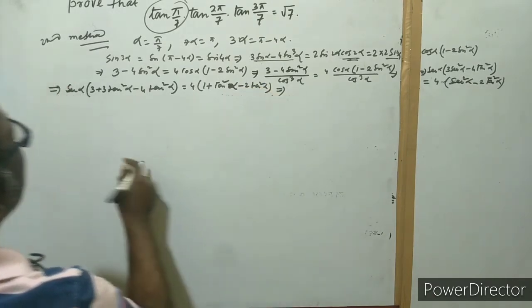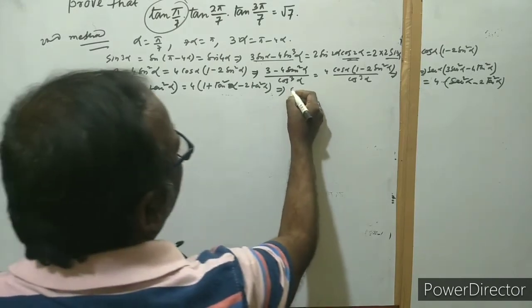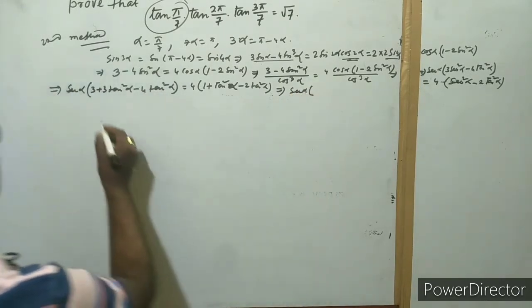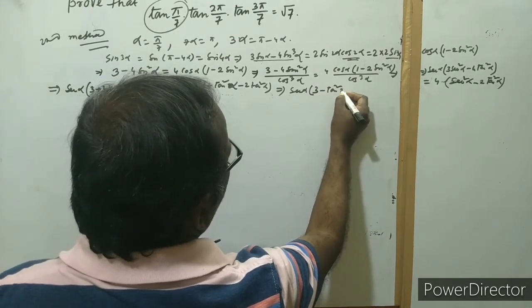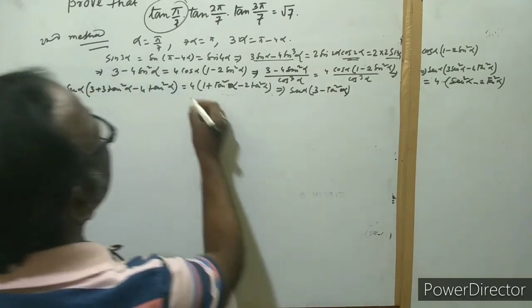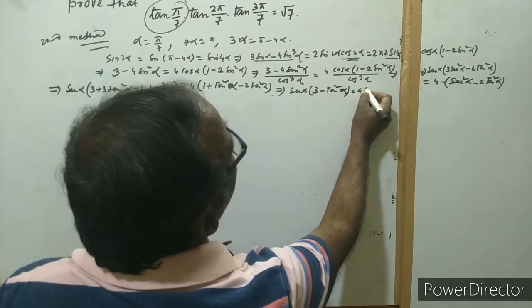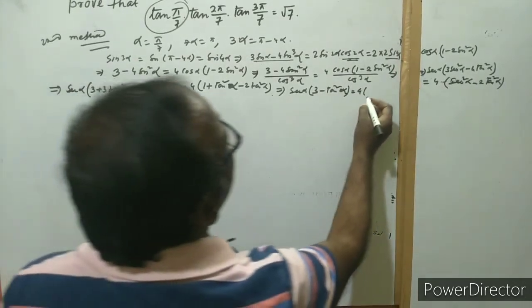Implies that sec alpha is in the bracket 3 minus tan square alpha, and this is equal to 4 times 1 minus tan square alpha.